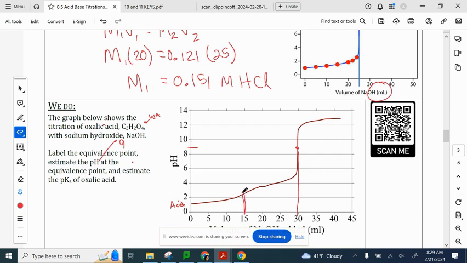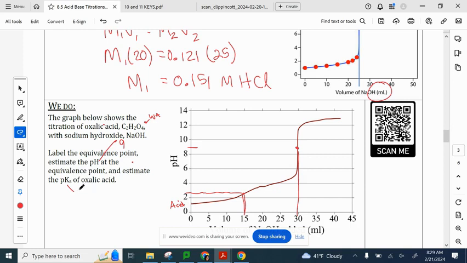So at 15, if we could possibly draw a straight line here, which I don't know if I can or not. So there is my half equivalence point, my pH. That looks like about 2.8.